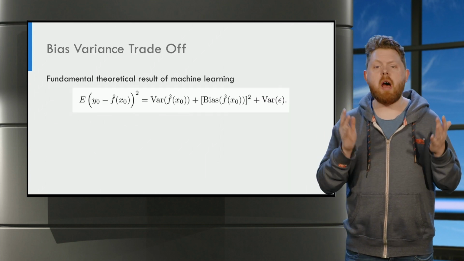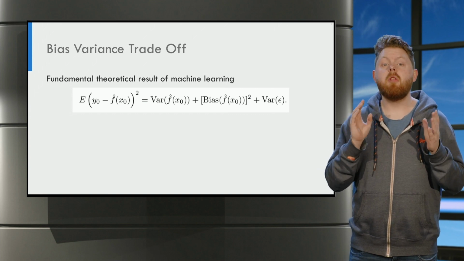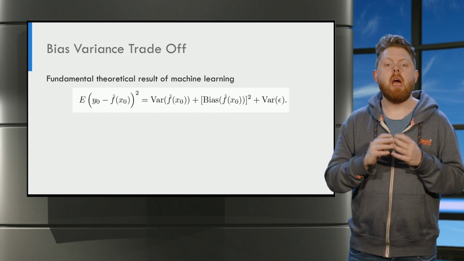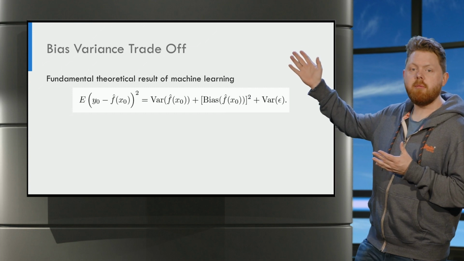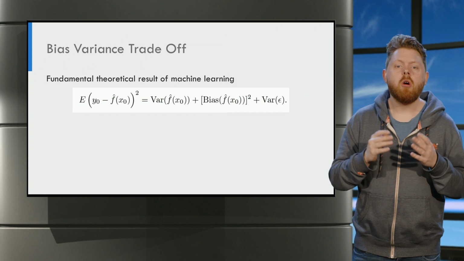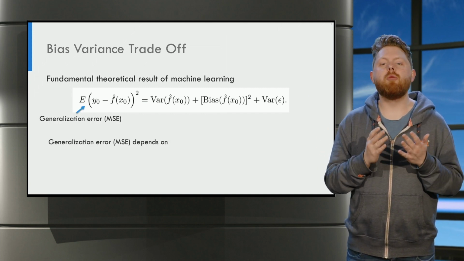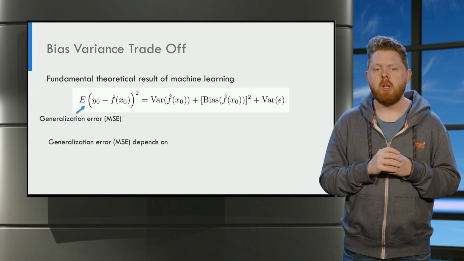Let us start with the bias variance trade-off. This is one of the fundamental theoretical results of machine learning, and it is given by this equation. Let us see what is in this equation. On the left-hand side, we have the generalization error in terms of the mean squared error.